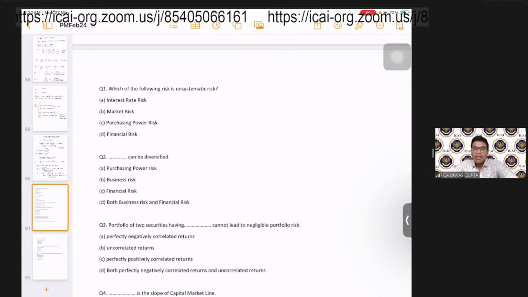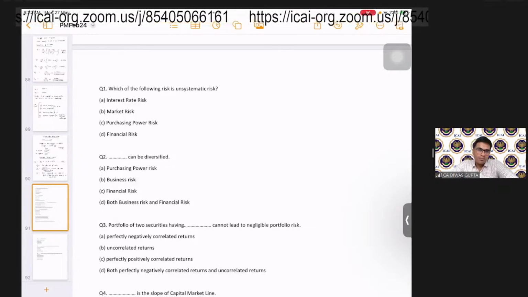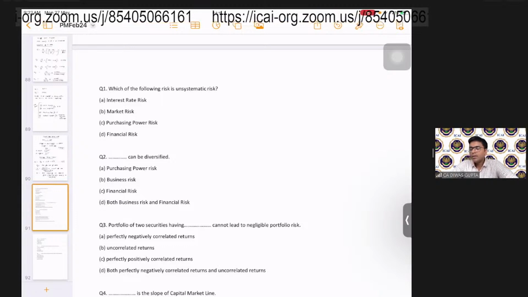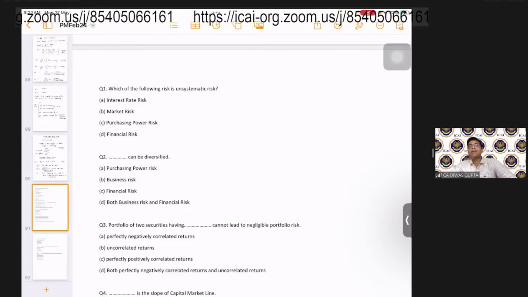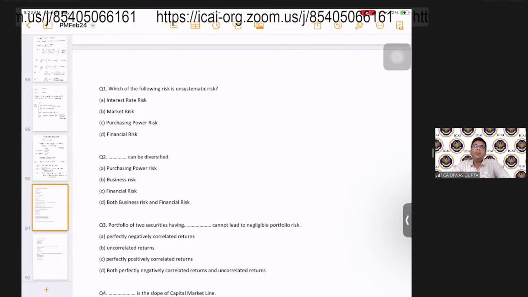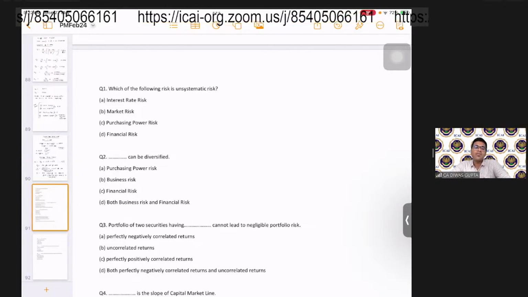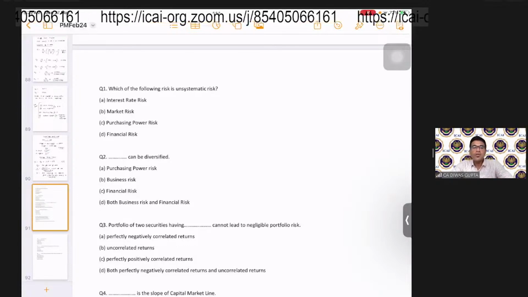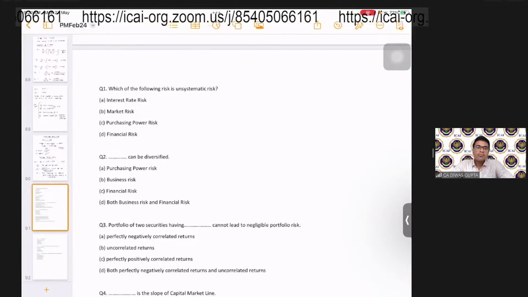And you can answer, let's say, after mentioning the question number, 1A, 1B, 1C, like that, right? I request everyone to please attempt it so that we come to know whether it is entirely successful or not. Okay. So let's stay on question number 1, and I will also flash what is the correct answer.